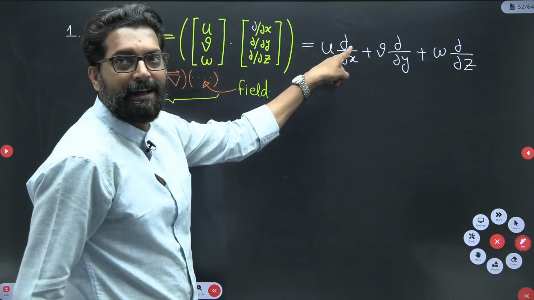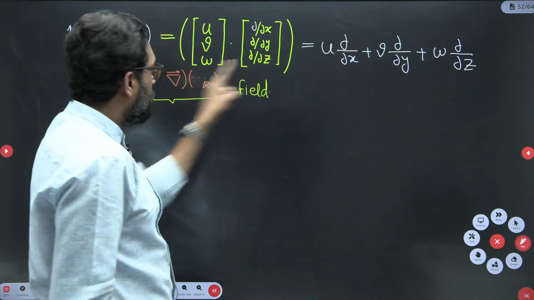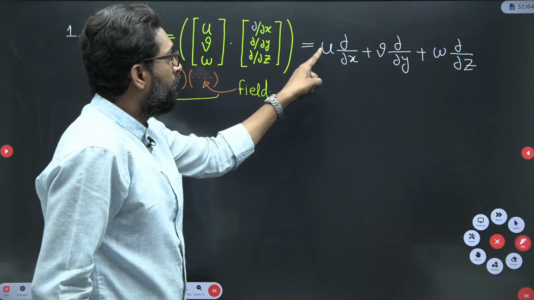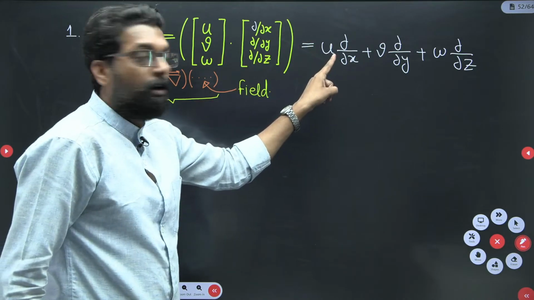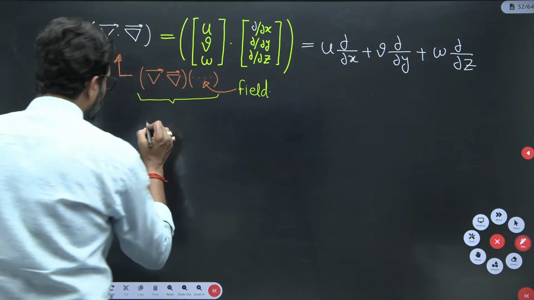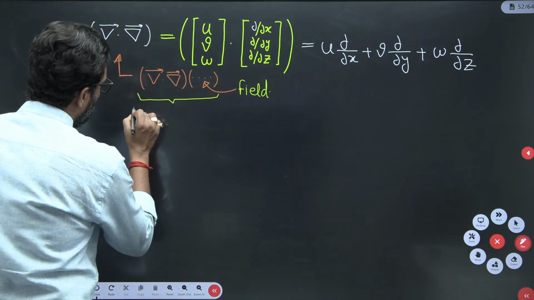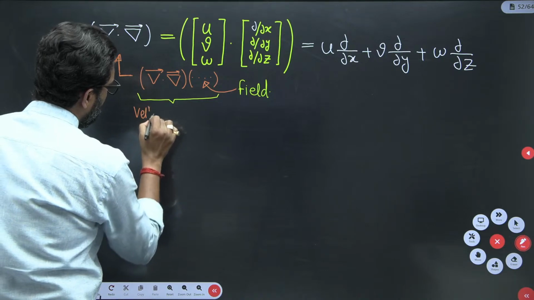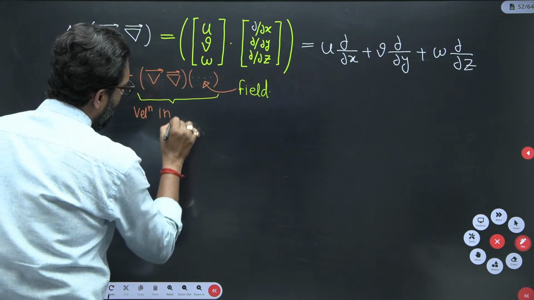So this denotes the velocity of a gradient. This denotes the velocity component, that means the velocity in that direction.